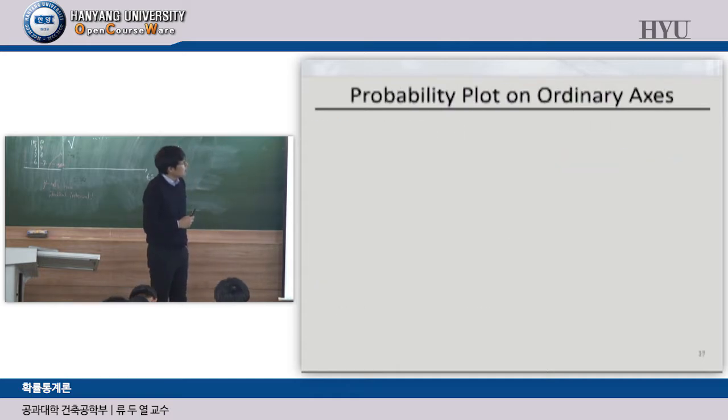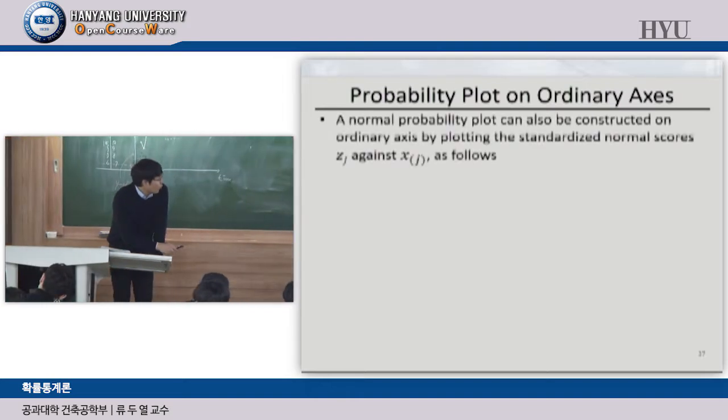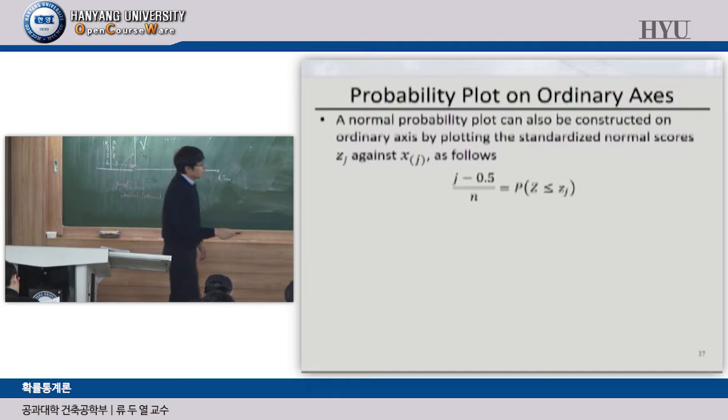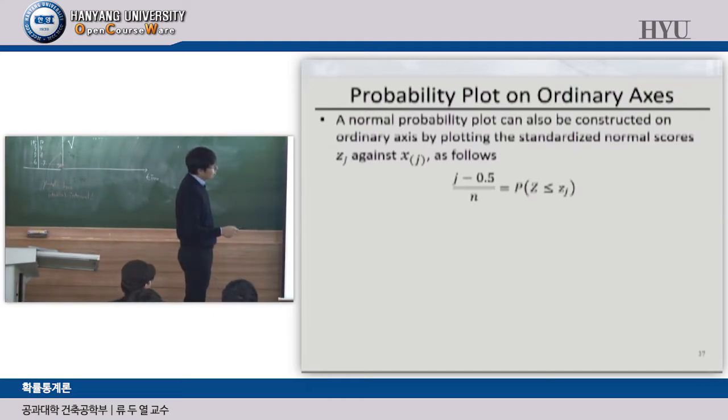And this is about the probability plot on ordinary axis. A normal probability plot can also be constructed on ordinary axis by plotting the standardized normal score, zj, against xj as follows. This is the cumulative frequency, right? (j minus 0.5) over n.